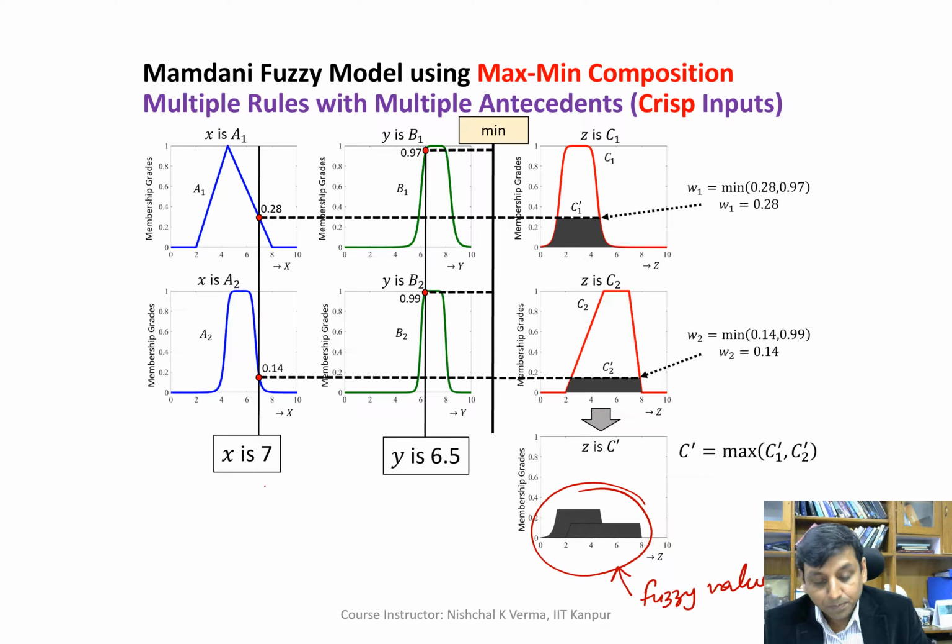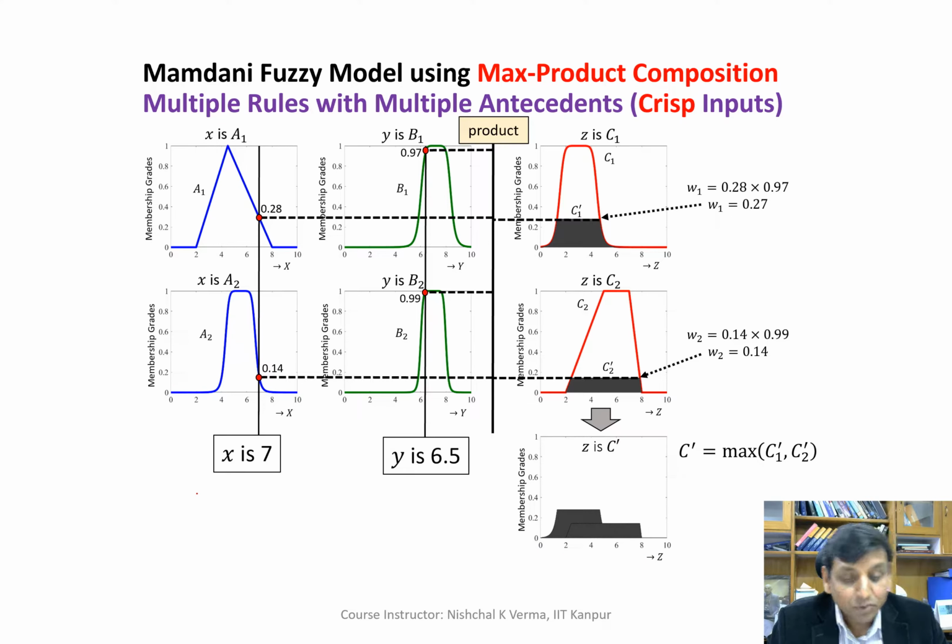So we see that the output in all the cases here we are getting fuzzy. So the Mamdani fuzzy model always produces the fuzzy output, and we use a suitable defuzzifier to convert this fuzzy output into the crisp value. Now, what happens for the same input x is equal to 7, y is equal to 6.5 as the crisp values, when we use max product composition?